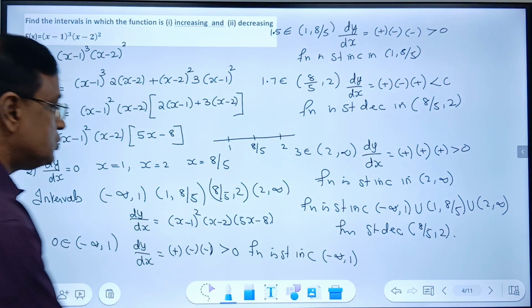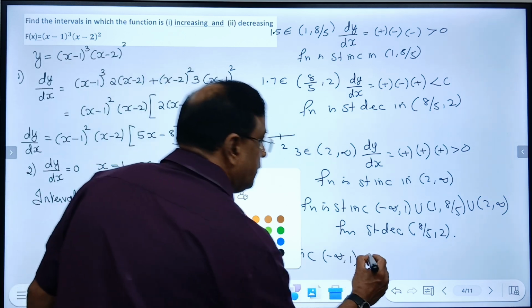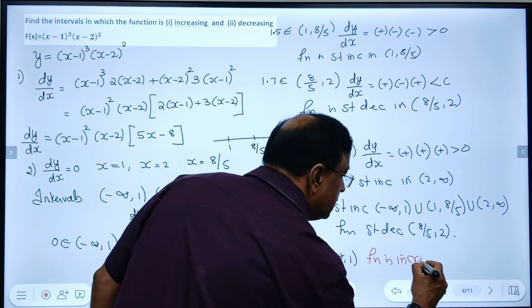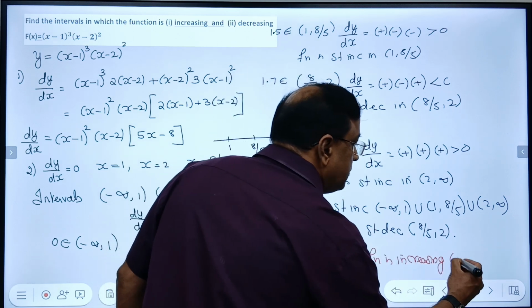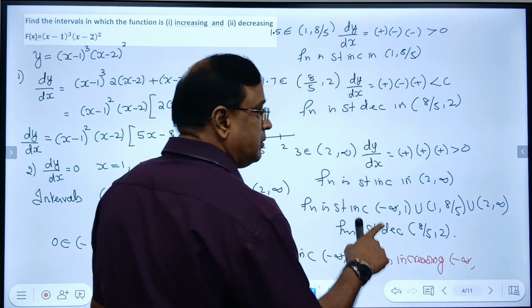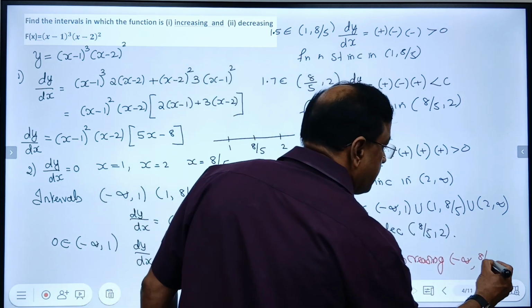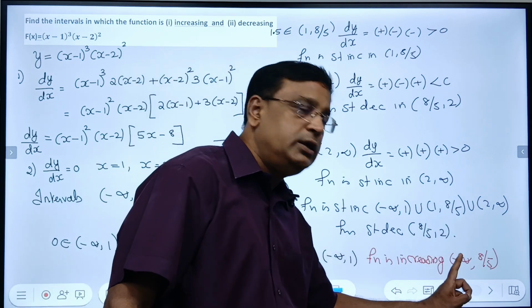There's another conclusion which I wanted to highlight to you. We can say the function is increasing, I remove the word strictly. The function is increasing in minus infinity comma 8 by 5, because in minus infinity comma 8 by 5, 1 is there.